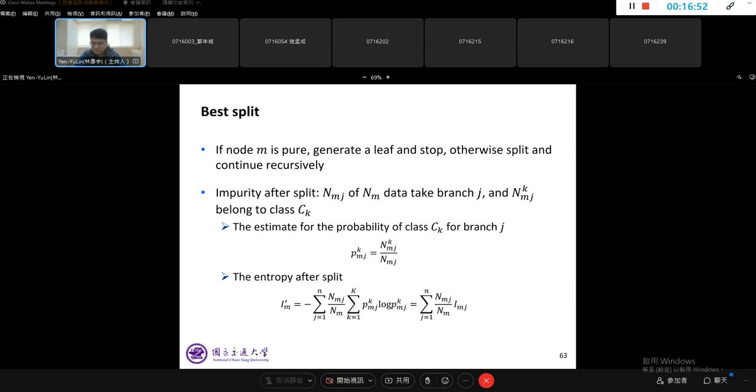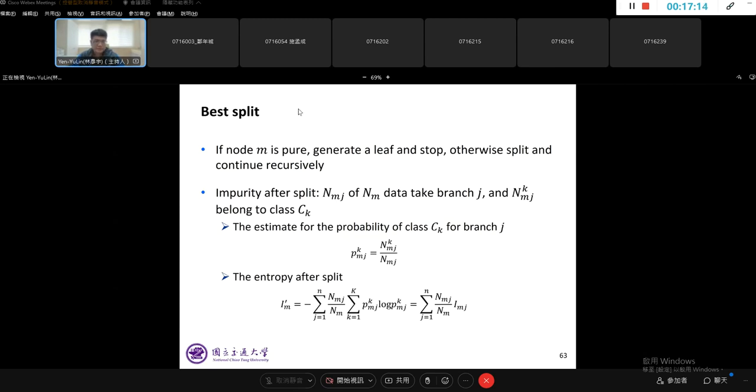So once we have introduced the concept of entropy, the meaning of entropy, we are going to specify how to select the best split, or how to construct the decision function for an internal node, for a decision node.